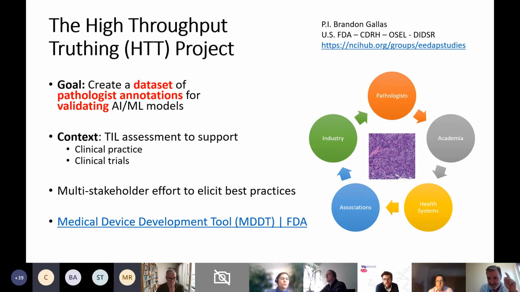How can you ensure that the AI tool in center B will be analytically equivalent with the tool in center A? And currently, we don't have this evidence. We don't have the reference materials to do this type of evidence. And this is something that Brandon Gallas is leading in an excellent way.